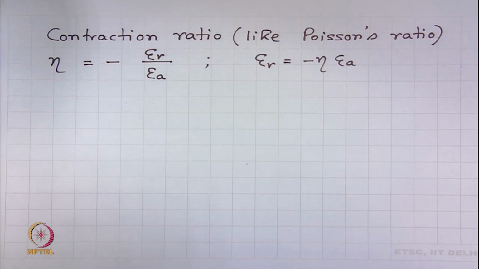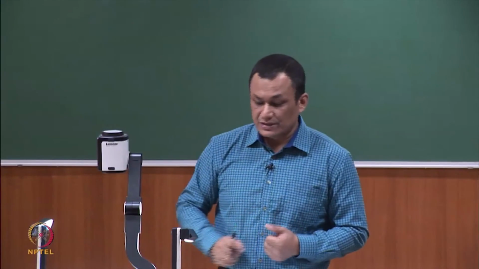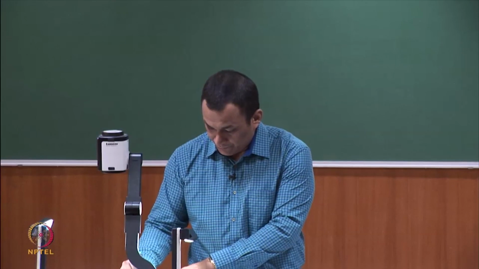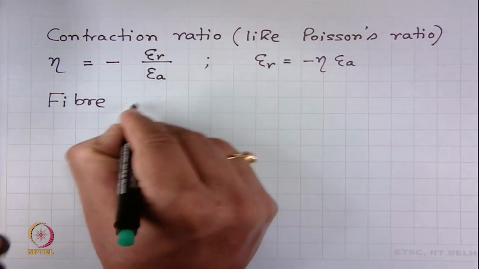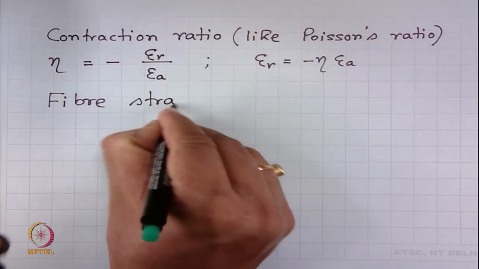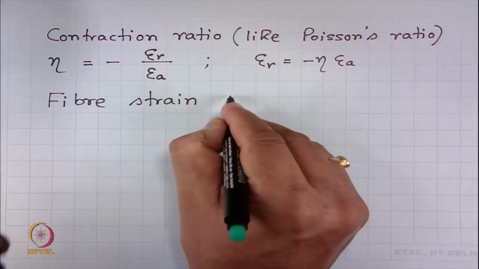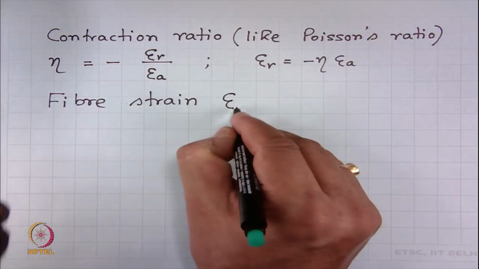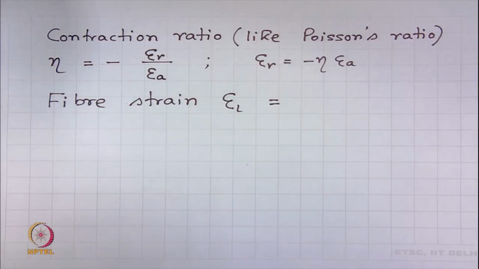The last quantity is fiber strain. Because of the application of force, the fiber is also stressed, it also exhibits strain. So, what is fiber strain? Fiber strain, let us use this symbol epsilon L. Again, it is defined by the ratio of change in fiber length divided by original fiber length.